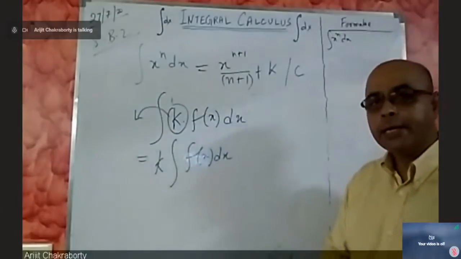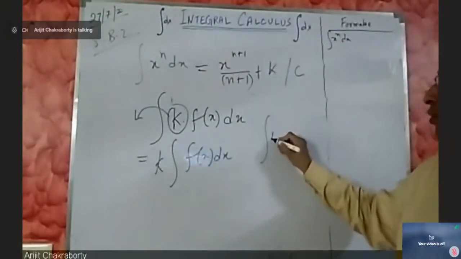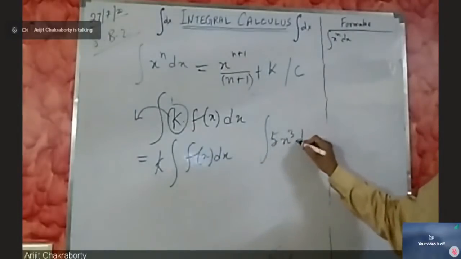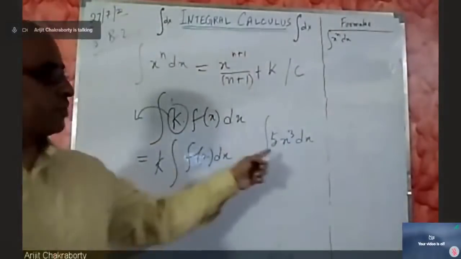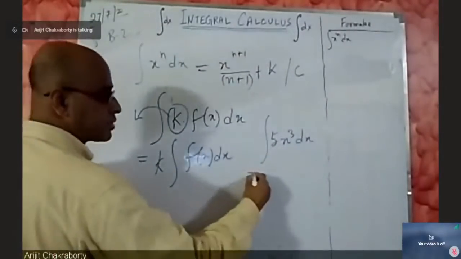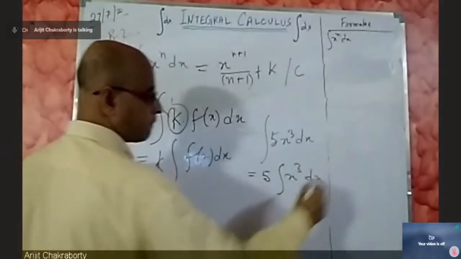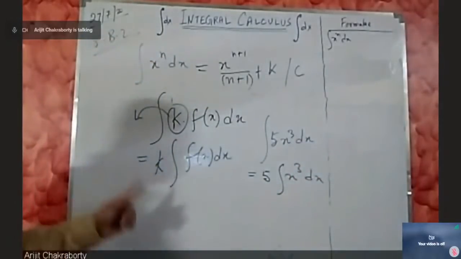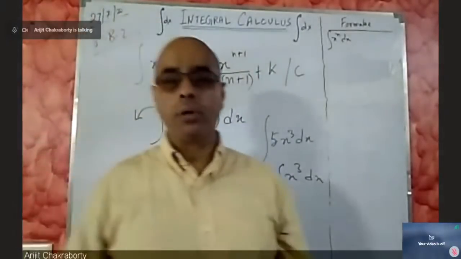Okay. So if I take an example, say it is 5x cubed dx. 5 is a constant, so this means 5 will come out, you will have x cubed dx. Right? So this is called the constant multiplier rule.